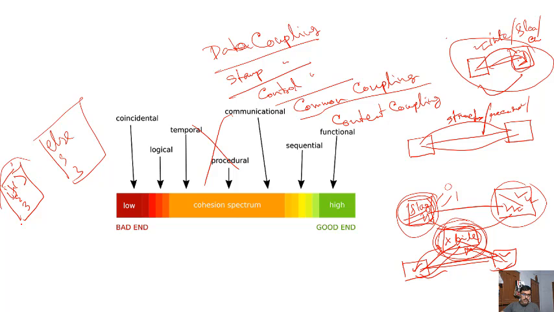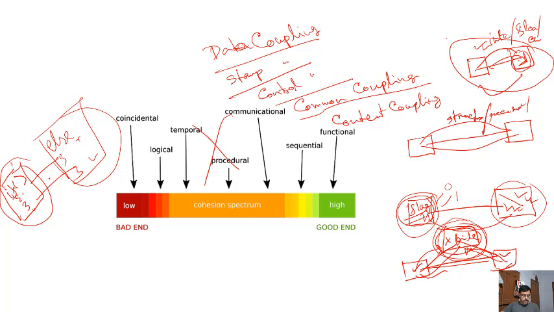Clear? Here is a module with the if part, here is a module with the else part. So they are interacting with each other, and if we do this type of coupling, then we call it content coupling.